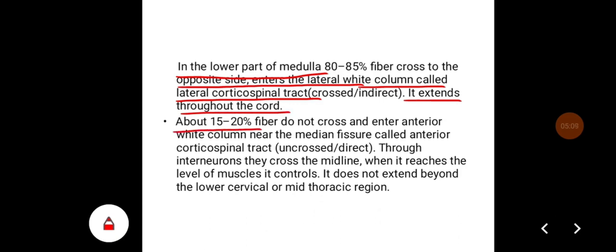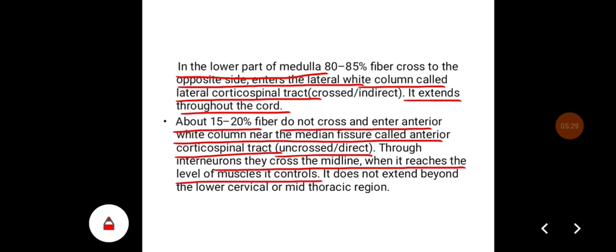And about 15 to 20% of the fibers do not cross and enter the anterior white column near the median fissure, called the anterior corticospinal tract, which is uncrossed and also called direct fibers. Through interneurons, they cross the midline, and when it reaches the level of muscles, it controls them, and it does not extend beyond the lower cervical or mid-thoracic region.